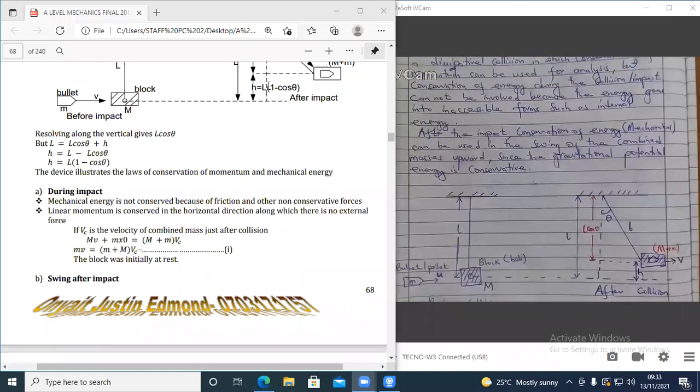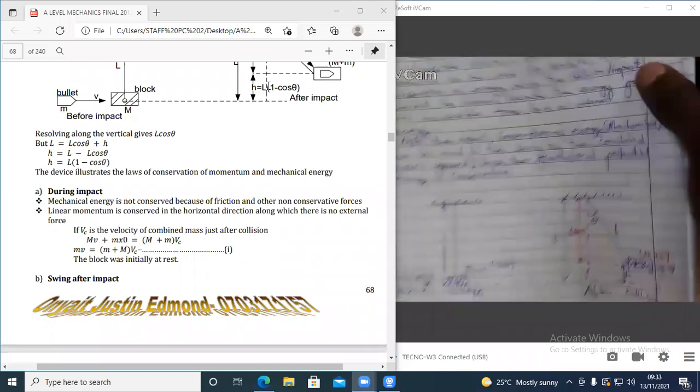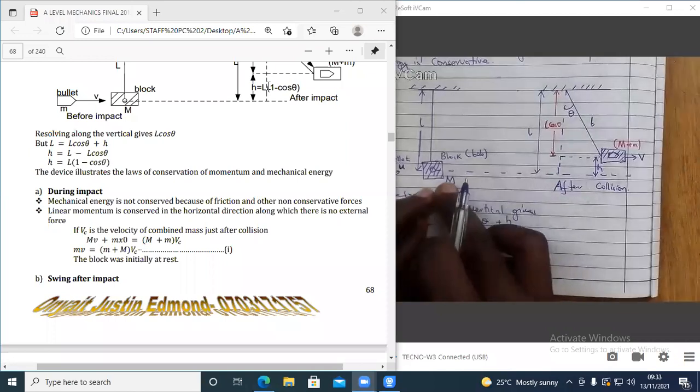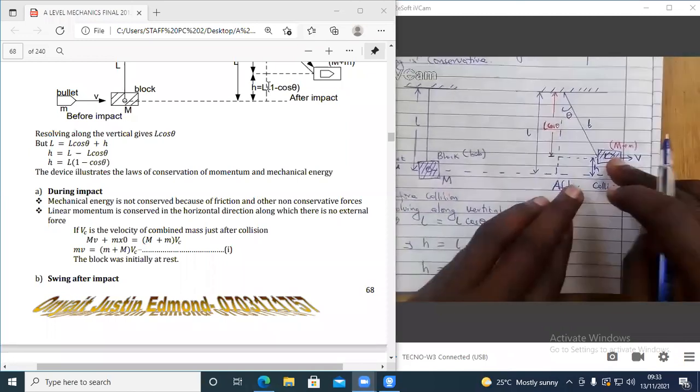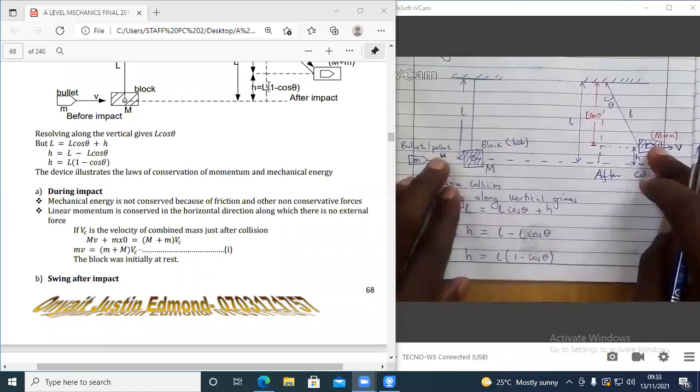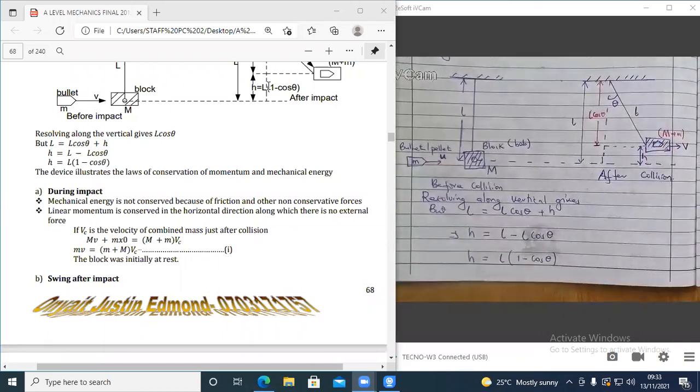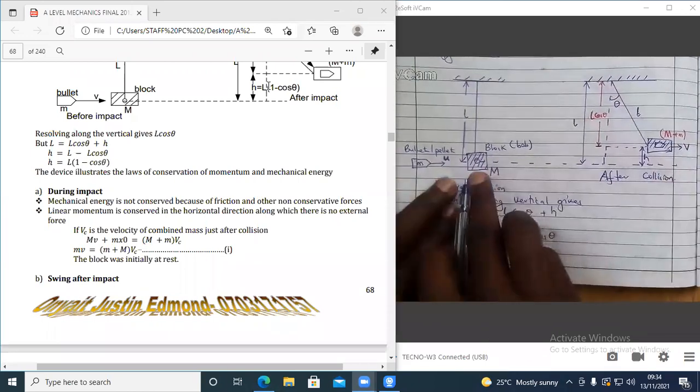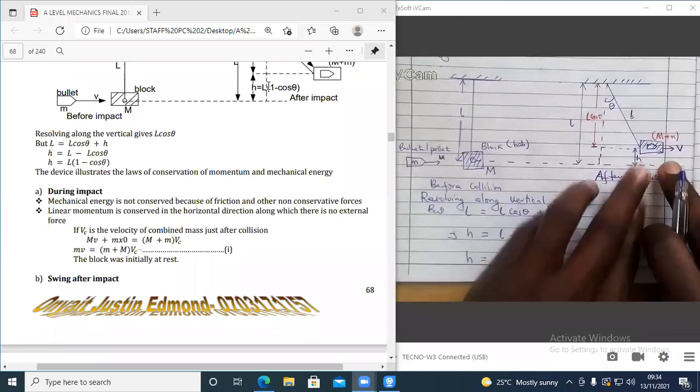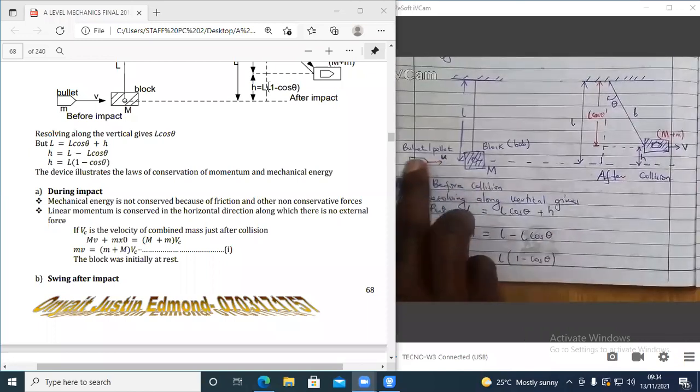It's ballistic in the context that after collision, the bullet or the pellet will get embedded onto the block or onto the bob. They will now move with a common velocity. So this one is before collision and this is after collision. Let the mass of the bullet or the pellet be small m.